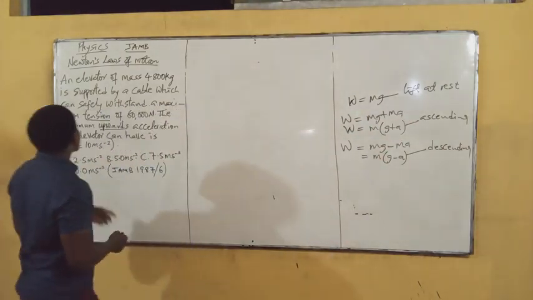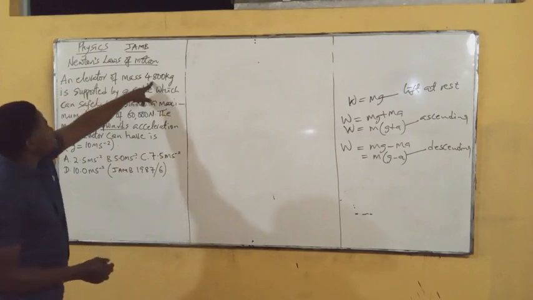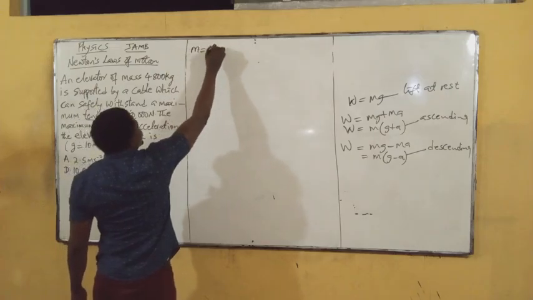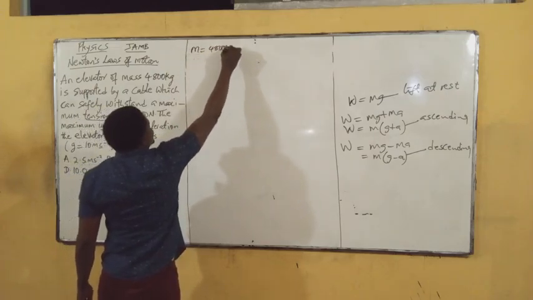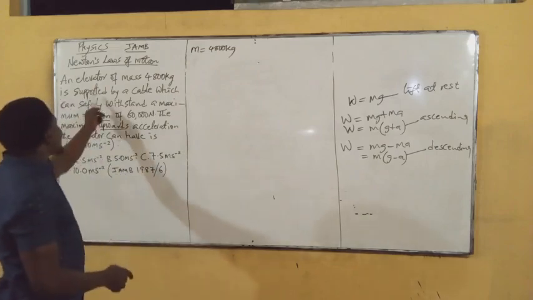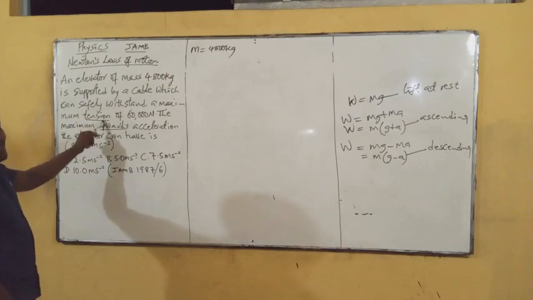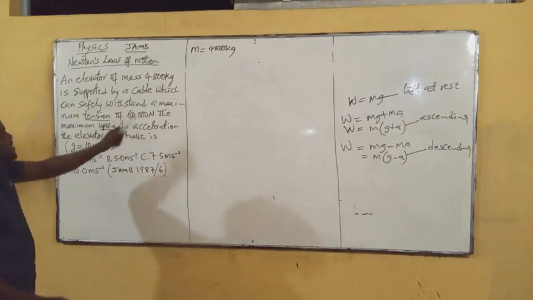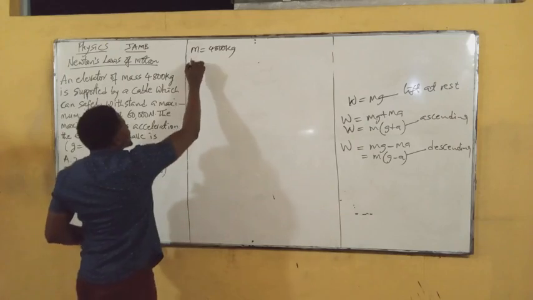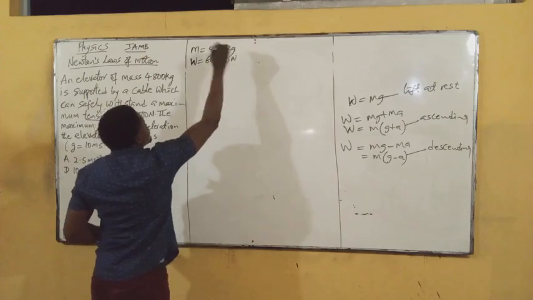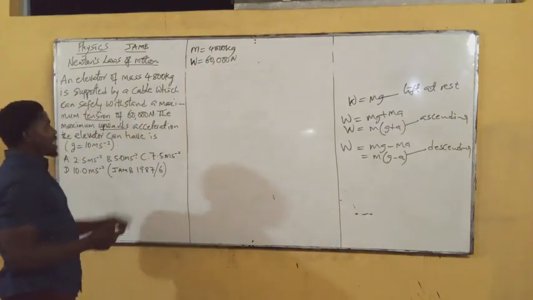And now the question says, look at this, an elevator of mass. They have given us the mass of the elevator, which is m equal to 4,800 kg. Now, it's supported by a cable which can safely withstand a maximum tension of 60,000 Newton. That is, the weight is equal to 60,000 Newton. Remember, weight is tension, which is a kind of force.